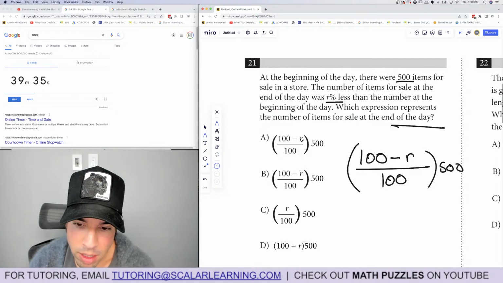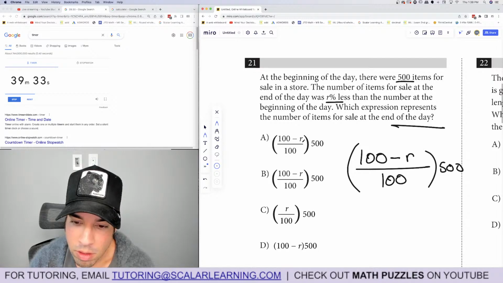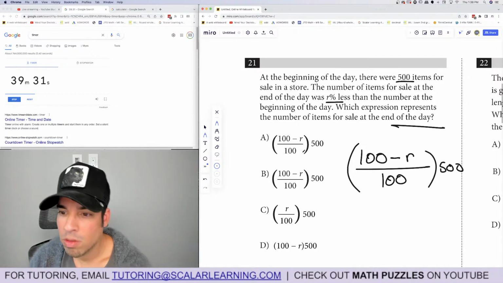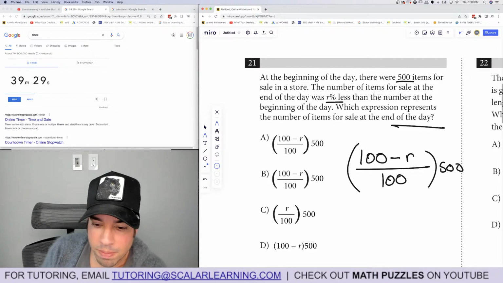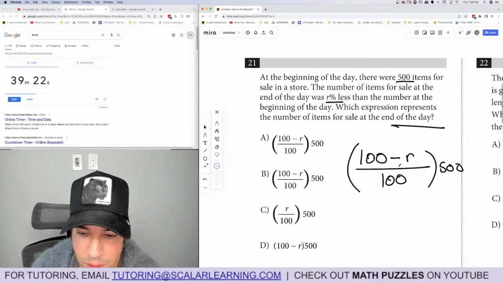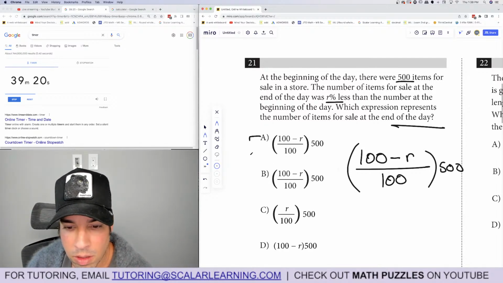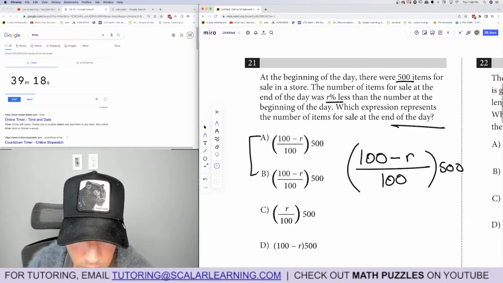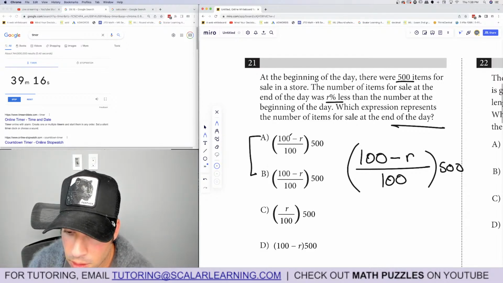What's the difference between A and B? 100 minus R. Wait. Am I missing something here? This has to be a mistake. They look the exact same.